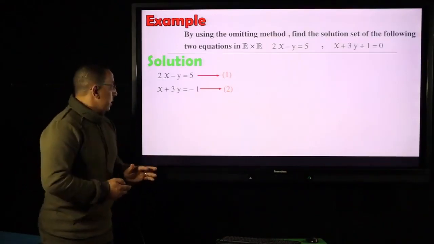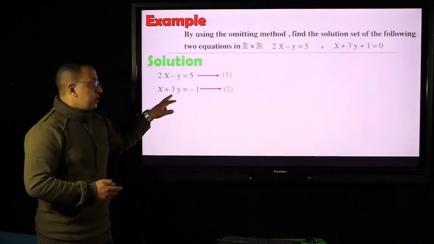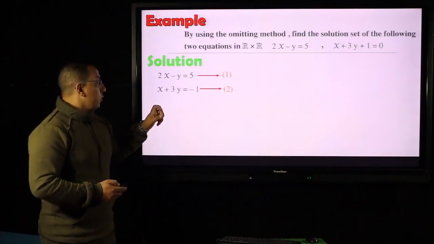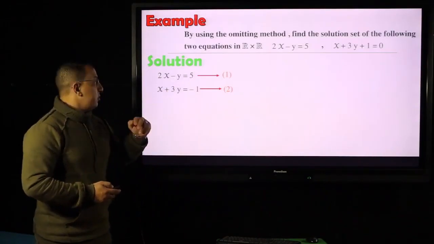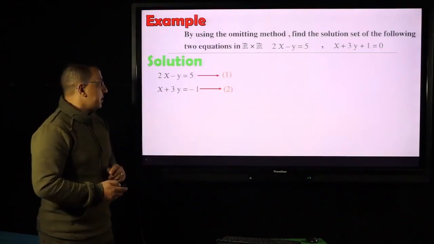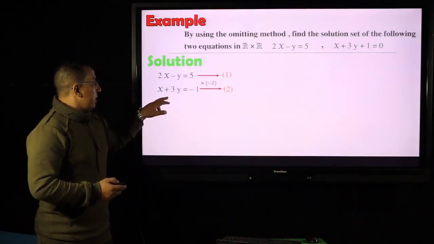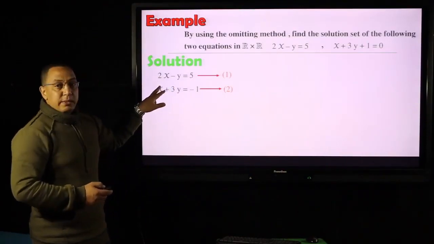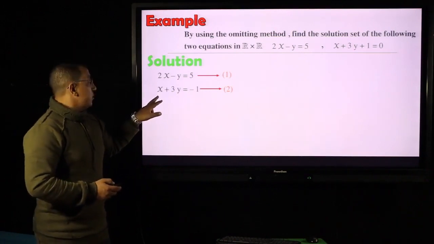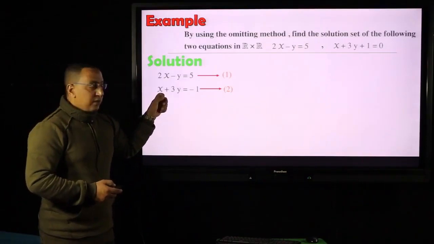It's up to you. Now I see here 3y and the negative y. So to make y multiplicative inverse to each other, I'm going to multiply the first equation by 3. Or to make x multiplicative inverse to each other, I'm going to multiply the second equation by negative 2.